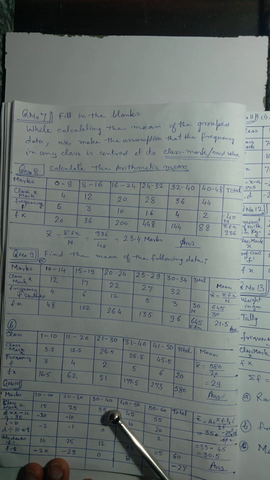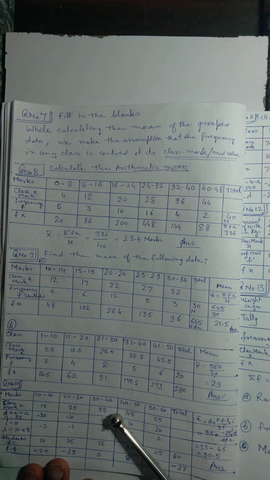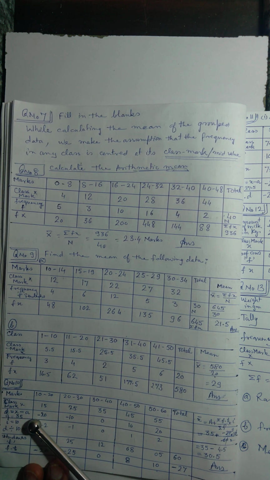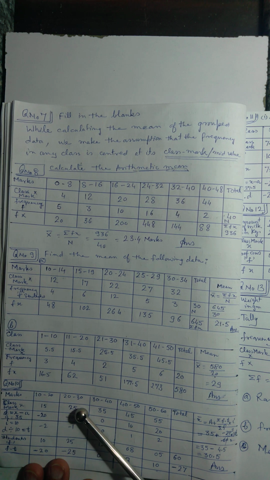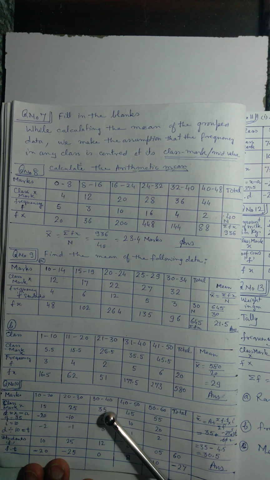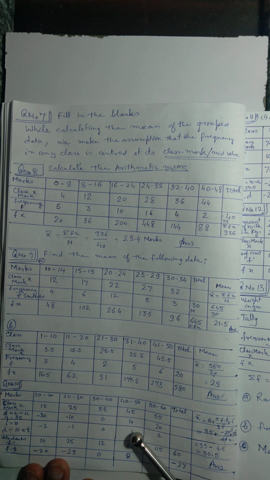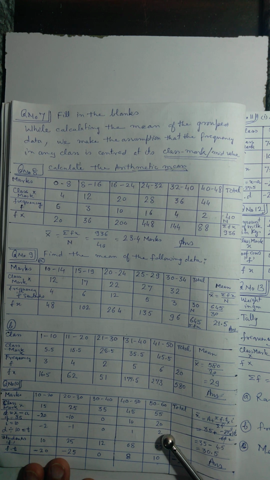Suppose I assume 35 as the assumed mean. So x minus assumed mean: 15 minus 35, that is minus 20. 25 minus 35, that is minus 10. 35 minus 35, 0. 45 minus 35, that is 10. 55 minus 35, that is 20.